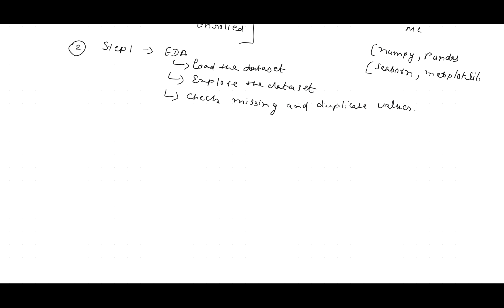The second step is you will start data visualization. In this, you will visualize univariate distribution or features. We can write univariate analysis.